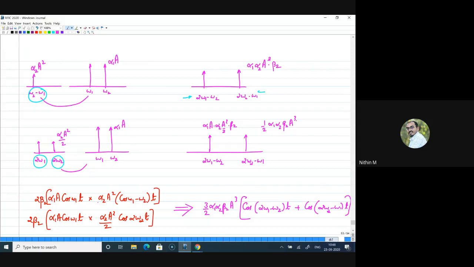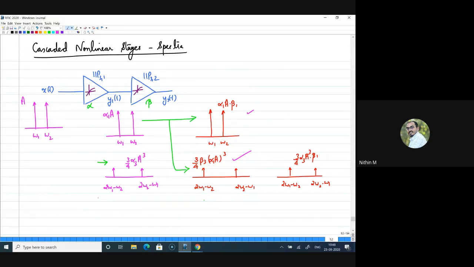And we have one more term which is directly coming at the output of this, right? Which is 3 by 4 alpha 3 beta 1 into a cube. Are you guys getting what I'm doing here? Can I get few responses? I'm not very sure whether you guys are clear or not. Okay, okay. Yes, sir.